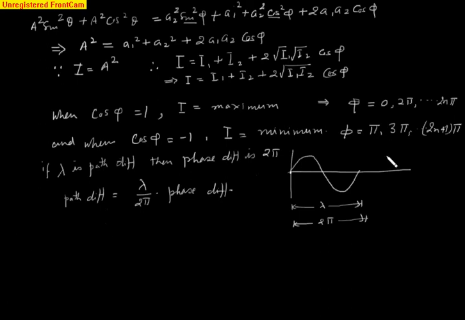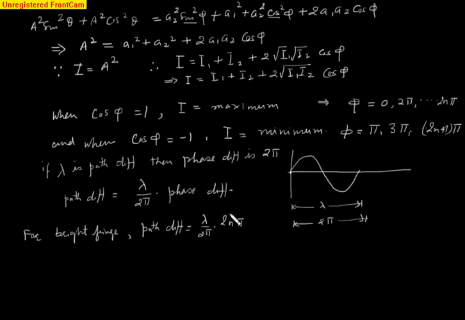So for maxima, for a bright fringe, using these two relations, path difference will be equal to lambda over 2 pi, and let us put the condition of phase difference for maxima, that is 2n pi.